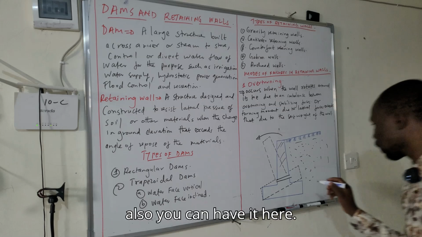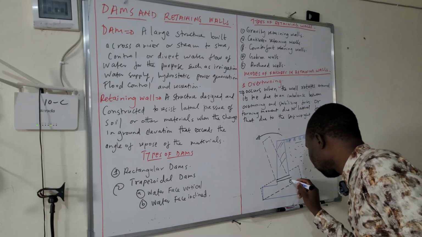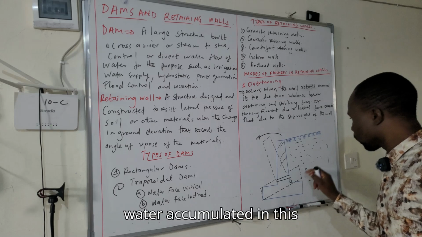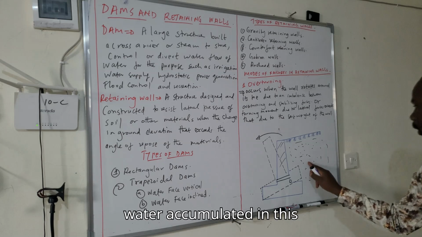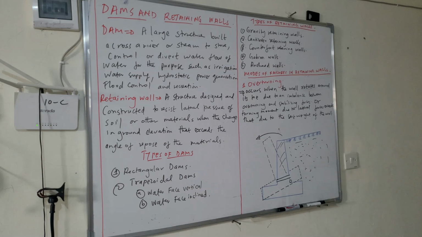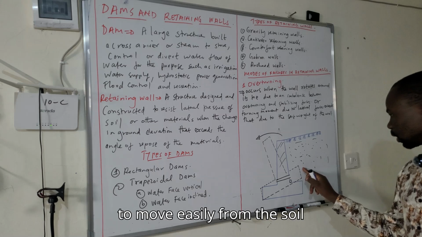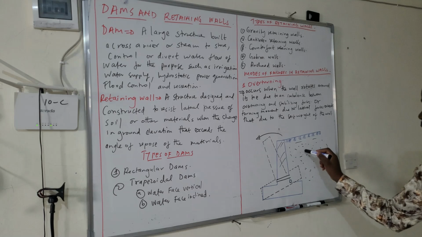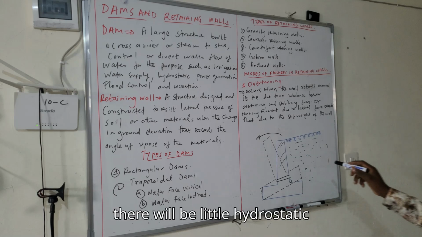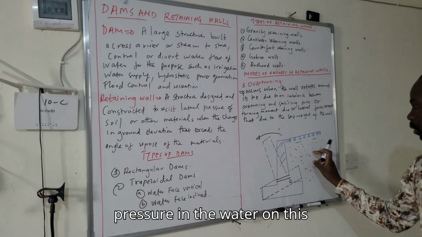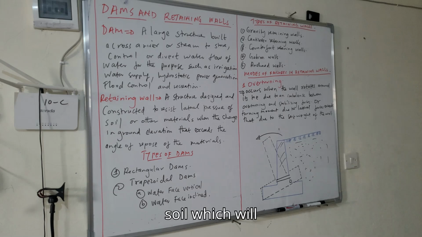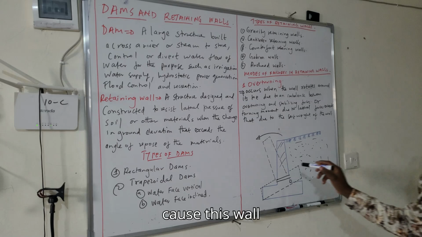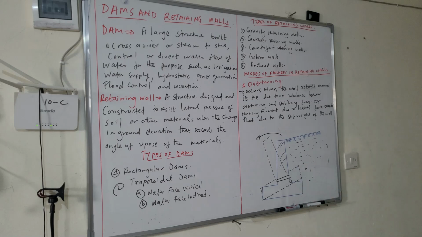The drainage you can also have here. The drainage is to allow water accumulated in this retained soil to move easily from the soil to the other side. By doing so, there will be little hydrostatic pressure from the water on this soil, which would cause this wall to overturn.